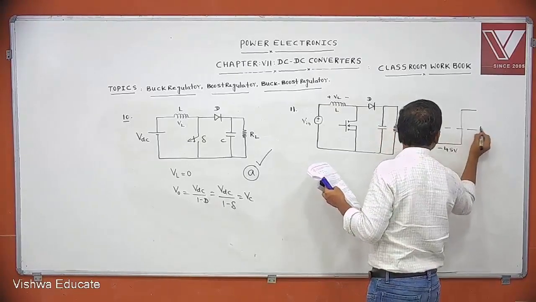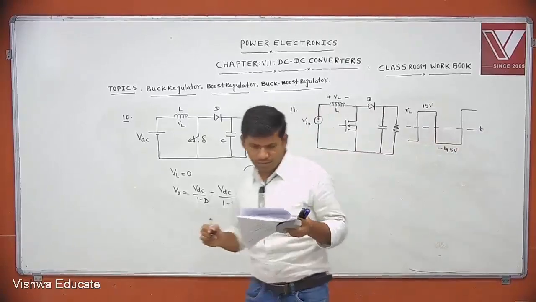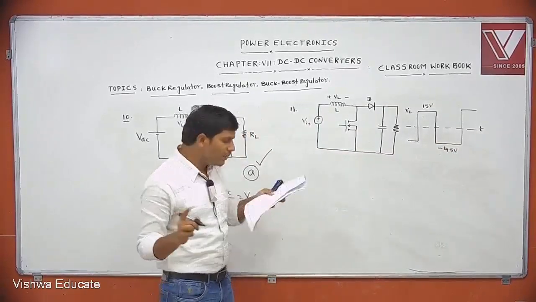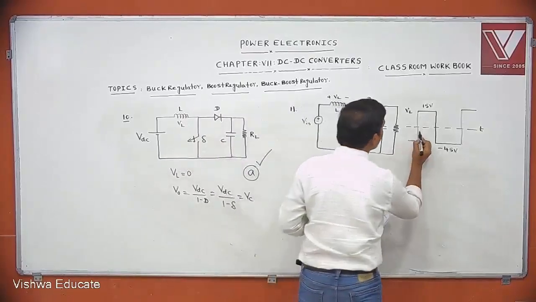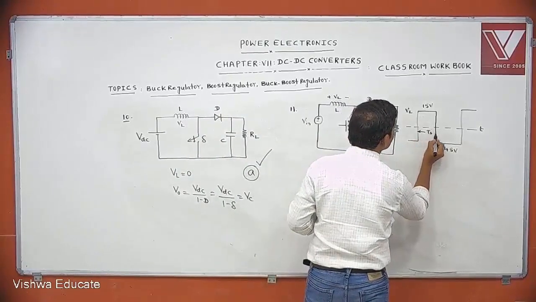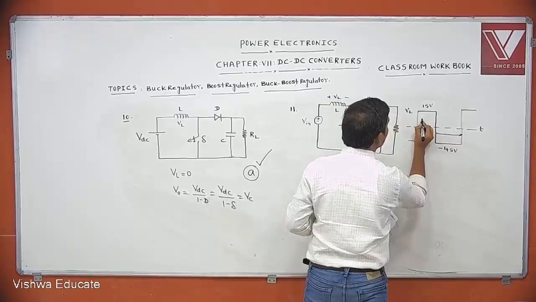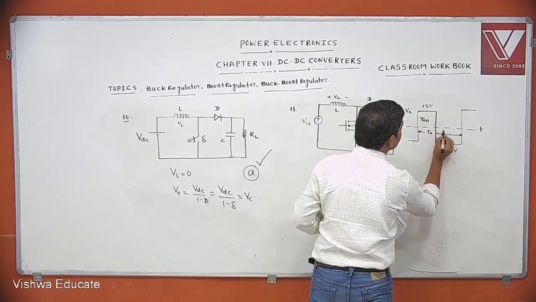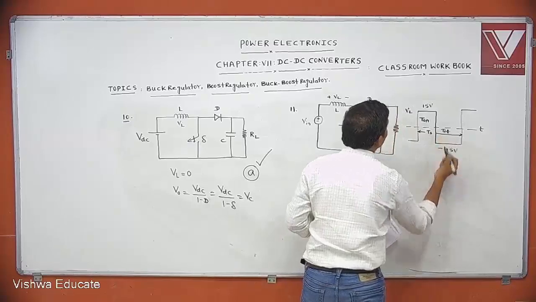This is the time axis. This is one switching period. One switching period is nothing but Ts. This is during on state. This is during off state.